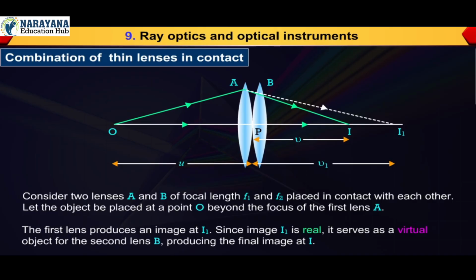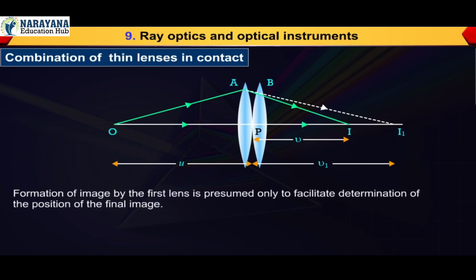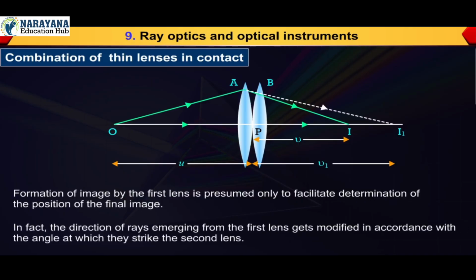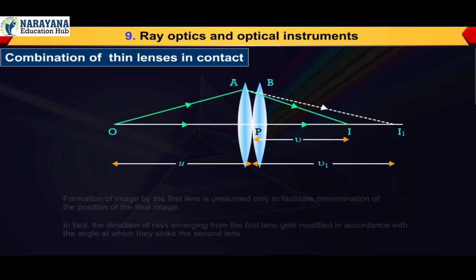Since image I1 is real, it serves as a virtual object for the second lens B, producing the final image at I. Formation of image by the first lens is presumed only to facilitate determination of the position of the final image. In fact, the direction of rays emerging from the first lens gets modified in accordance with the angle at which they strike the second lens.